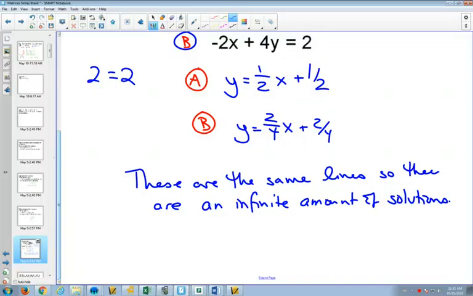If you have something that has no solutions, and you use substitution or elimination, something similar will happen, in which case your x's and your y's will all cancel out, but you'll get a statement that is never true, like 0 is equal to 5, or 3 is equal to 7. So if you get something that is never true, then you know that you have a no solution one. So that's something to look for.